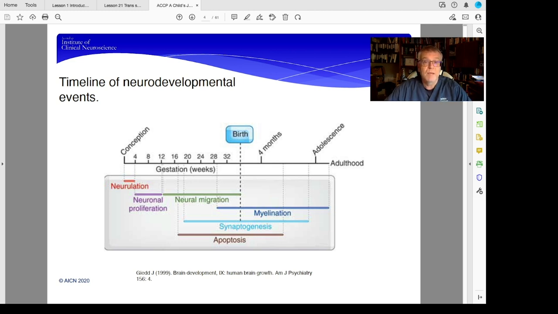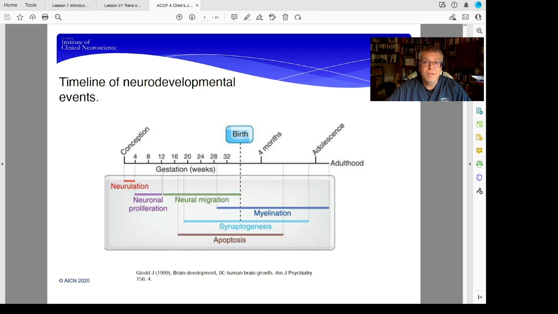So next we have the neuromigration phase, and this is the point at which the neurons that were produced in the proliferation phase will start to migrate away from the ventricular area, which are the areas immediately surrounding the ventricles in the brain, and start migrating more towards the cortex of the brain.